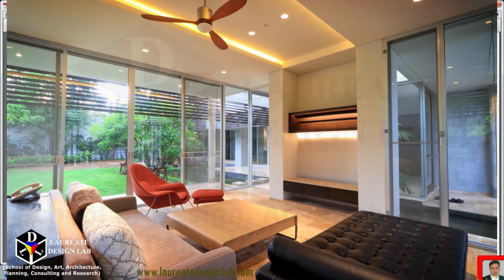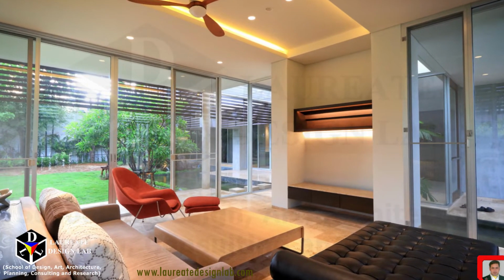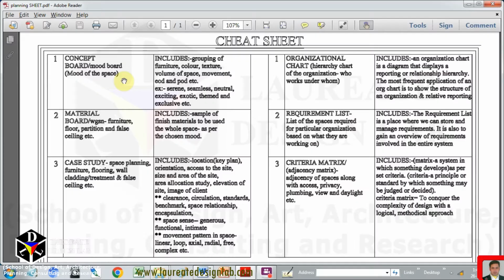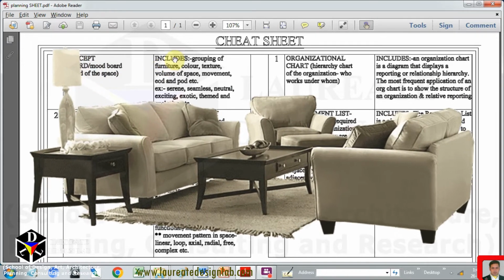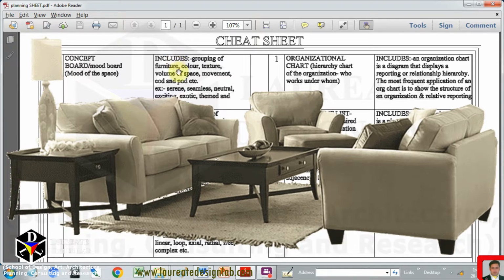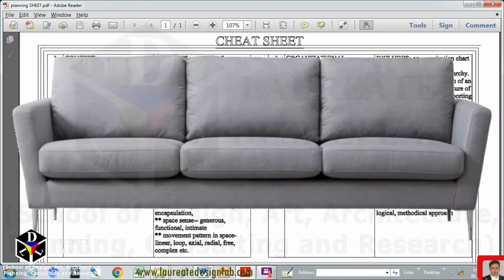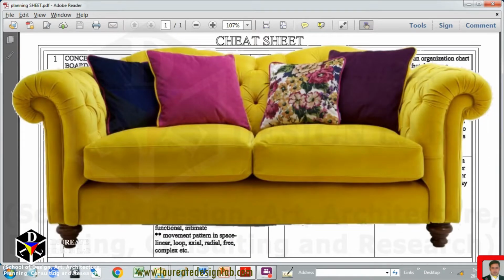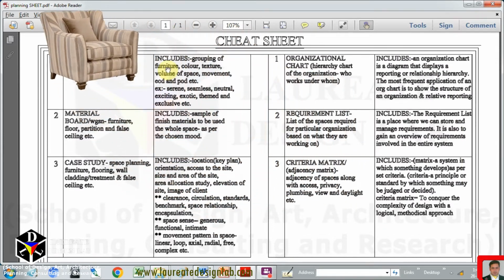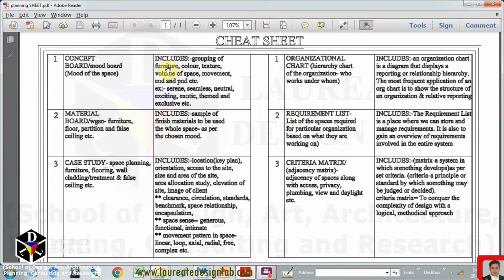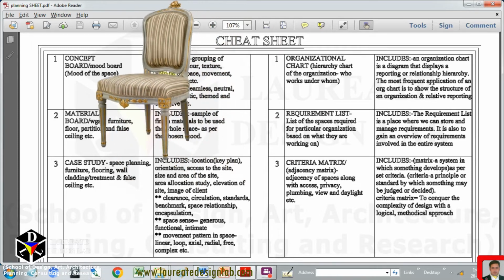Grouping of furniture, you will have to understand. Like if you talk about living room, you have grouping of the furniture. You have 6-seater, 8-seater, 10-seater sofa. It may have 3-seater together, 2-seater together, 1-seater. You may have similar things like upholstered chair.